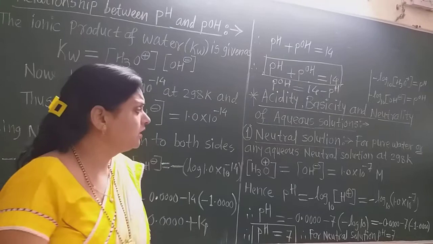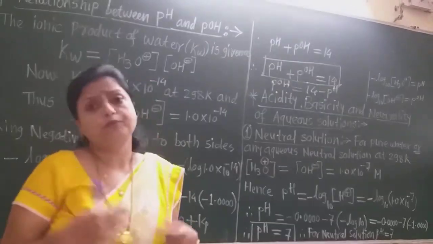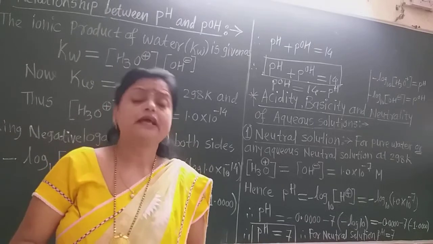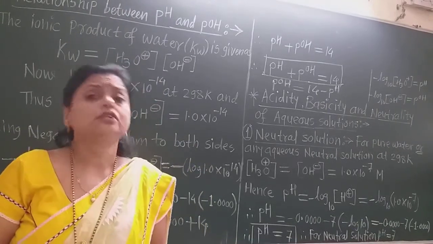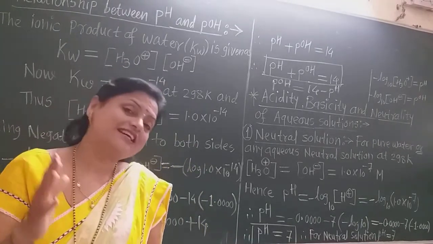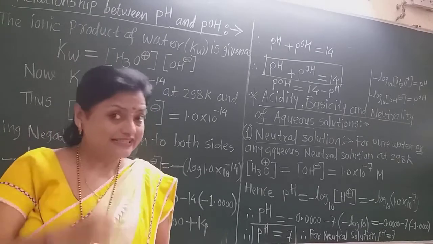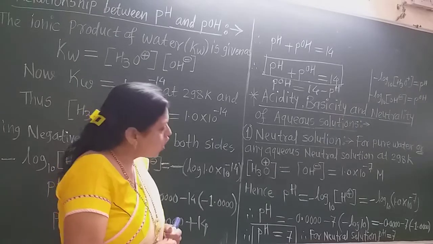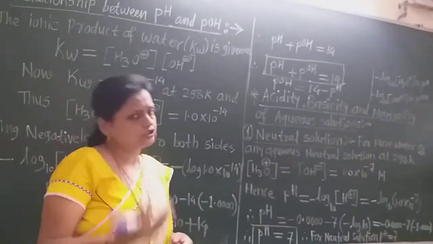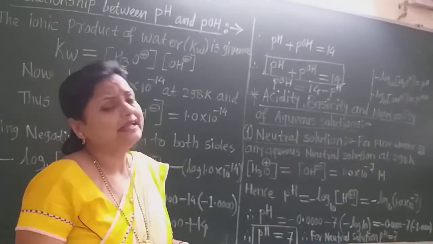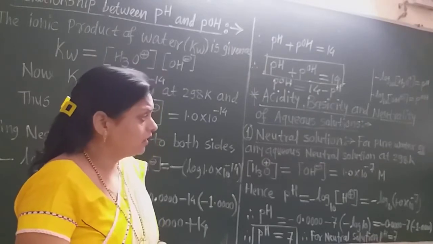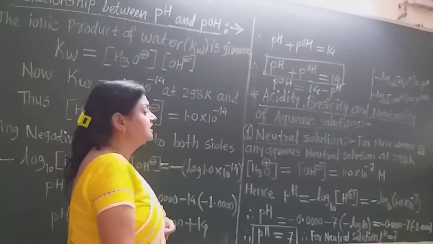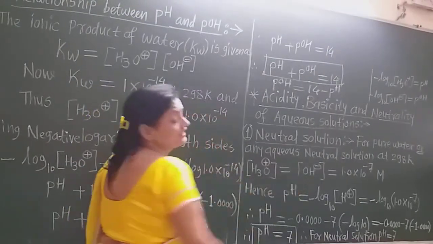Now first learn about the neutral solution. We know that pure water is a neutral solution. Again there are many neutral solutions, and we always say that the pH of neutral solutions is 7. Now how is it 7? Let us learn. For pure water or any aqueous neutral solution at 298 Kelvin, that is at room temperature, these two ion concentrations are always equal.